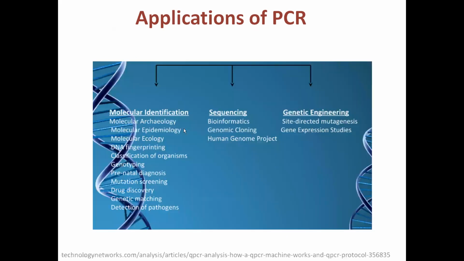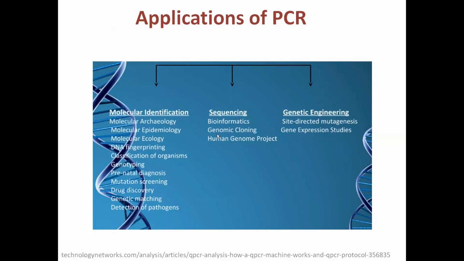Nowadays, molecular archaeology, molecular epidemiology, molecular ecology, DNA fingerprinting, classification of organisms, genotyping, prenatal diagnosis, mutation screening, drug discovery, genetic matching, and detection of pathogens. These are the various roles of the PCR, that is, for molecular identification.